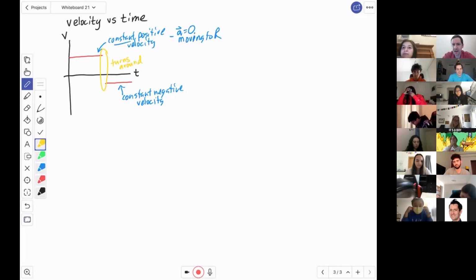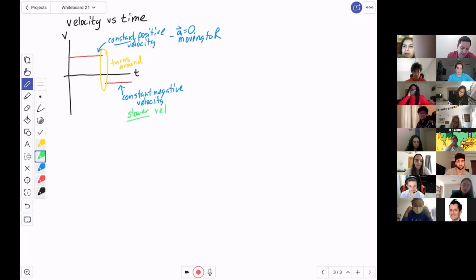Okay, anything else you guys got from this? Yeah, we said that when it changes direction and the velocity becomes negative, it's also moving at a slower velocity. And why would you say that? Because the first line is a greater distance above the x-axis than the second line is below the x-axis.